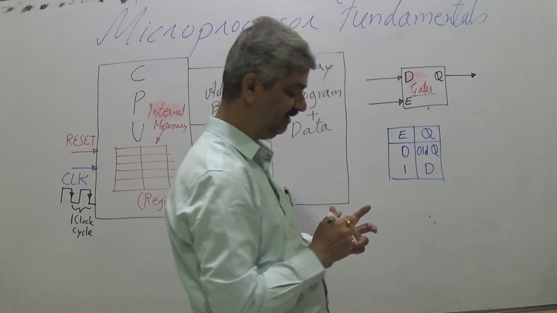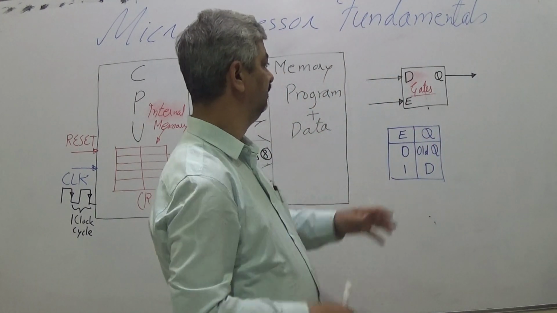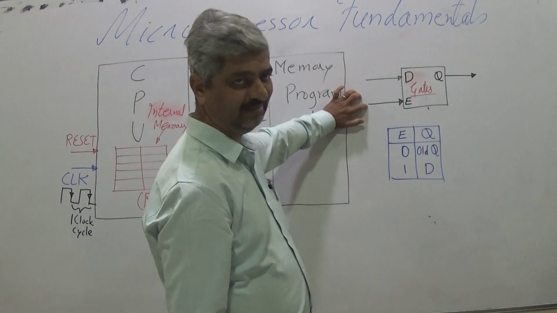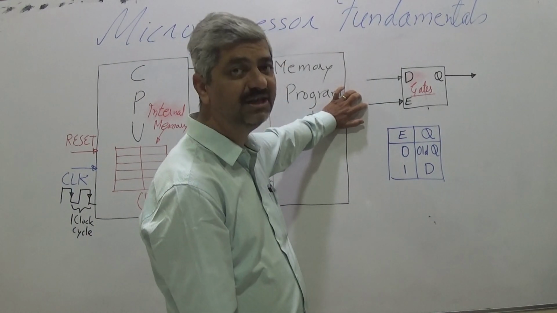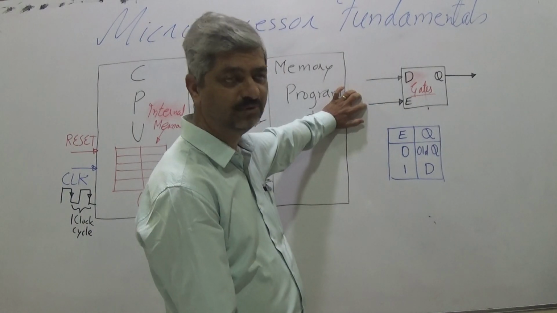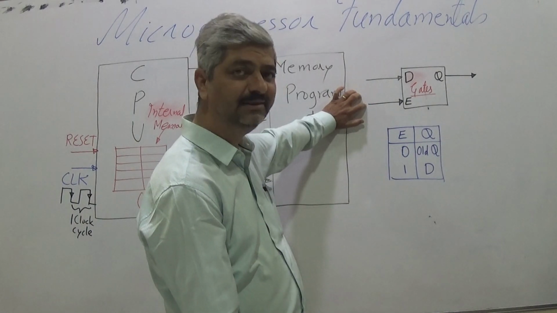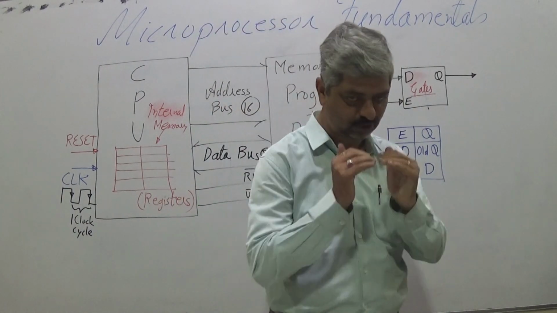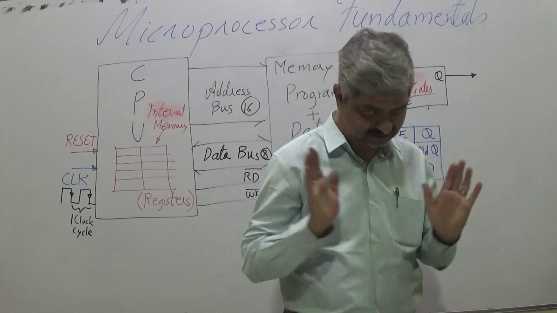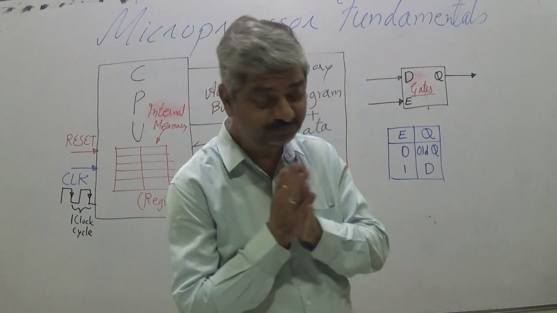I will explain that again. E is the latching enabling input. When this E is 1, you can give input logic 0 or logic 1; that much digital fundamentals everybody knows.